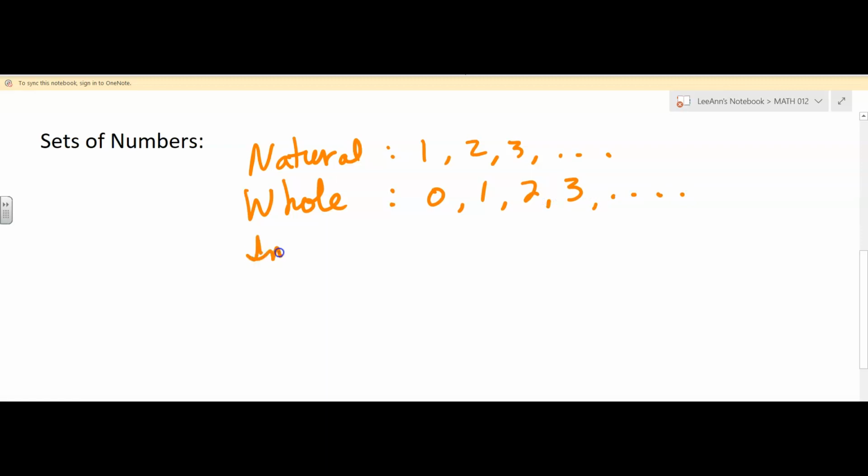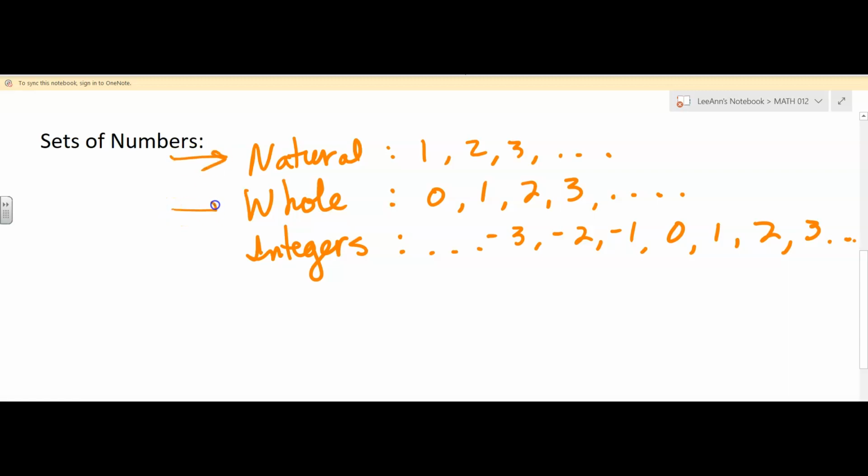You have your integers, which are -3, -2, -1, 0, 1, 2, 3. These sets of numbers have worked very well for you. You probably started out learning the natural numbers, and then around kindergarten they added the concept of 0, and then somewhere they said, hey, we can have negative numbers, and then you had the set of integers.